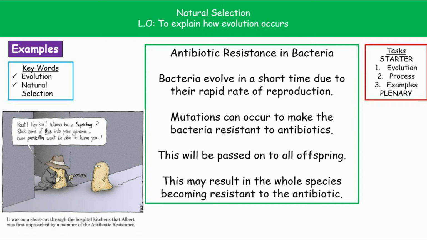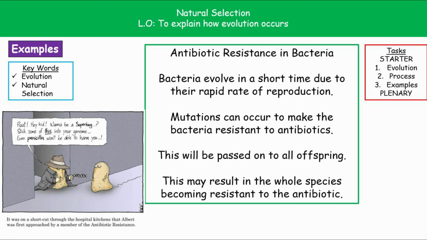Because the bacteria replicate through mitosis, where they're producing genetically identical offspring, if the parent cell is resistant to the antibiotic, then all of the offspring will be too. So that means we end up with a whole species of bacteria potentially becoming resistant to our antibiotics. That's a big problem for us, because if they're resistant to our antibiotics, they don't work.